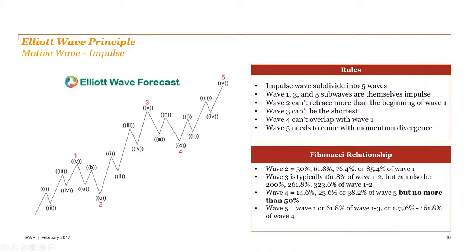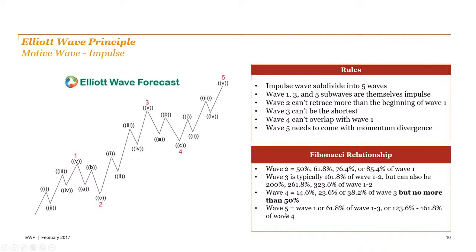We add the idea that this wave 4 cannot retrace too big, no more than 50% of wave 3, because otherwise it will become too big for a retracement, and it could end this cycle. Instead of getting wave 5, we can in fact get a turn instead.